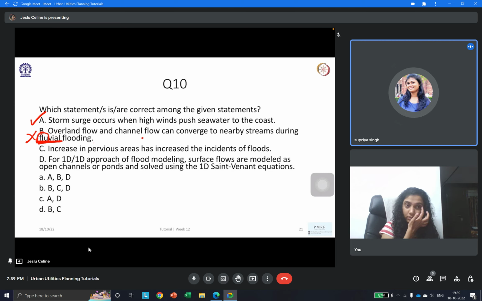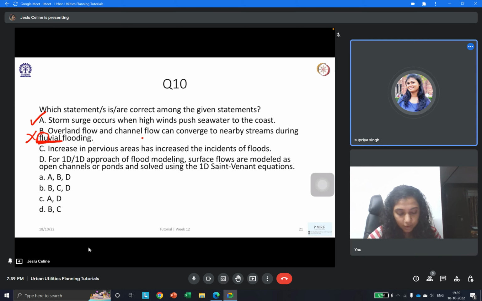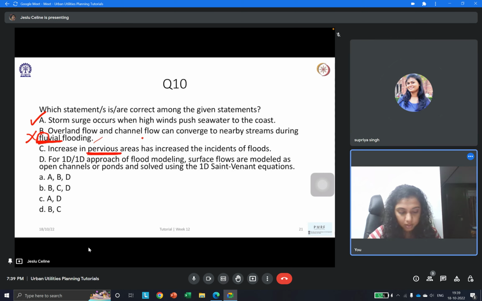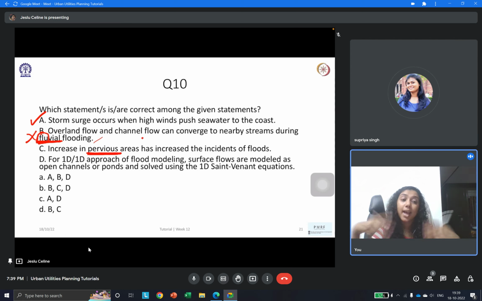Yeah, it is correct. Increase in pervious areas has increased the incidence of flood. So when you have pervious areas, what happens? Pervious means it can percolate.